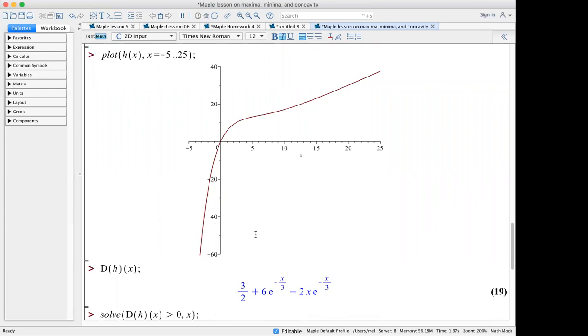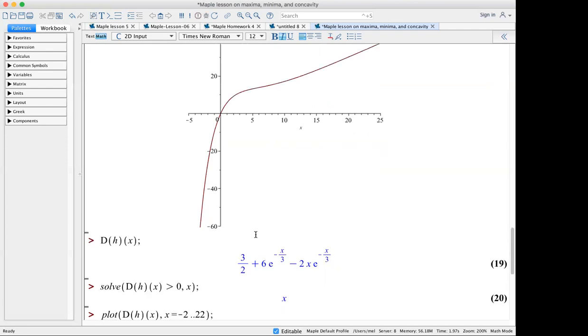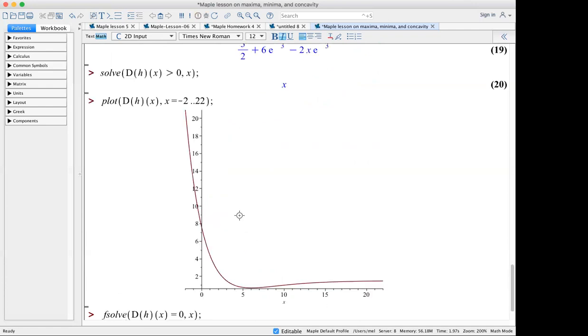And this is the derivative. So that's definitely correct. But it doesn't want to tell me when it's positive. I plot the derivative, it looks like this.